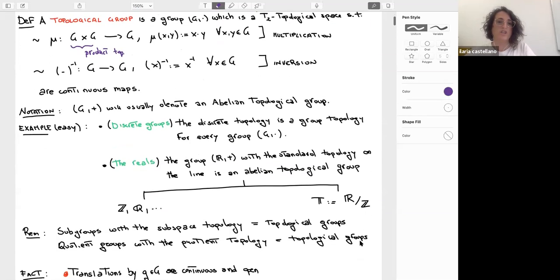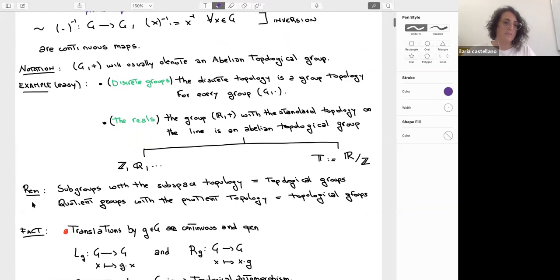But this is true in general. So there is this remark here. Whenever you pick a subgroup with a subspace topology, then you get a topological group. And the same is true whenever you quotient by some normal subgroup and you endow the quotient with a quotient topology. Then what you get is still a topological group.